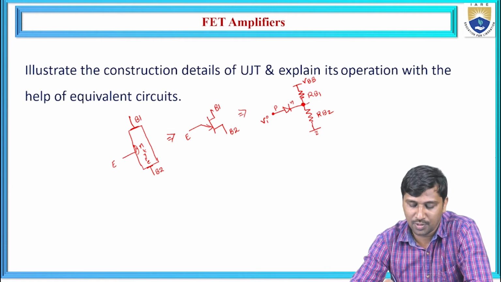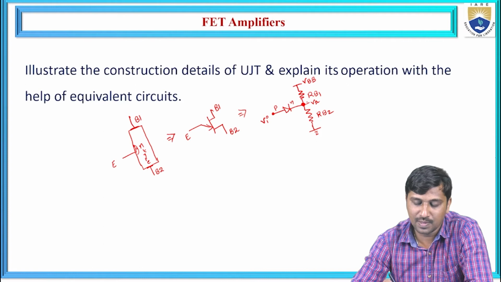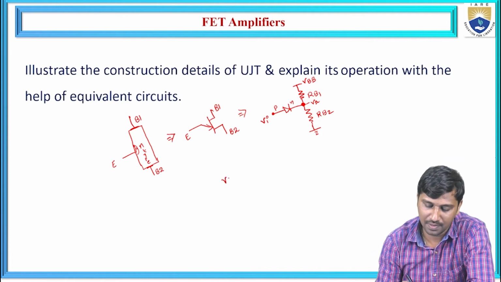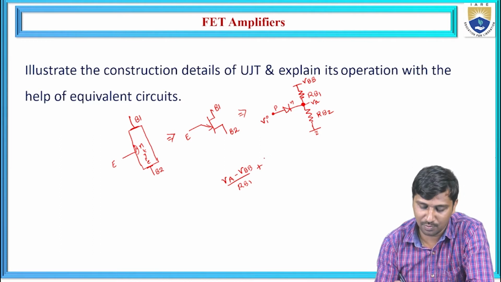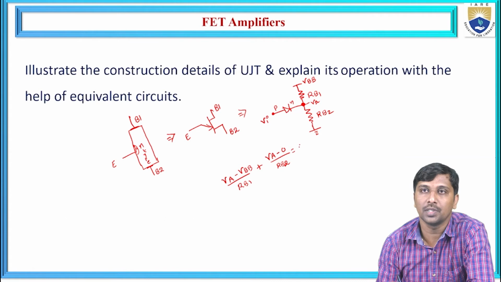Let's take this node voltage as VA. If you apply the KVL principle at this node, we can write (VA minus VBB) by RB1 plus, from this node to ground potential, the potential difference VA minus 0 across the resistance RB2, equal to 0.